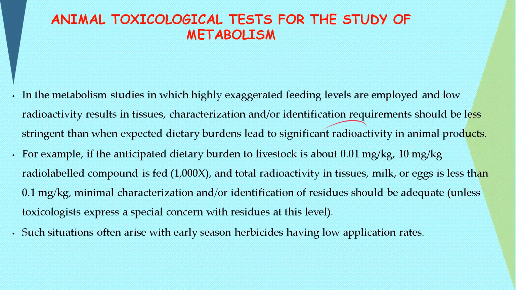In metabolism studies, especially where exaggerated feeding levels are employed, low radioactivity results in the tissue characterization and identification. For example, if the anticipated dietary burden of livestock is about 0.01 milligram per kg, then 10 milligram per kg radiolabeled compound is fed, as we saw in the first chart. That's 1000x. If the total radioactivity in tissue, milk or eggs is less than 0.1 milligram per kg, minimal characterization and identification of the residues should be adequate.